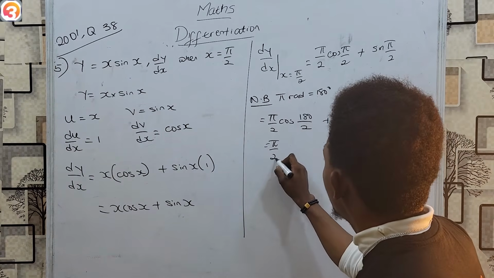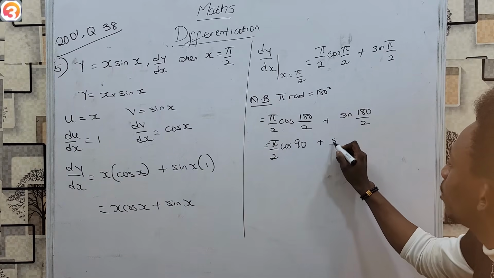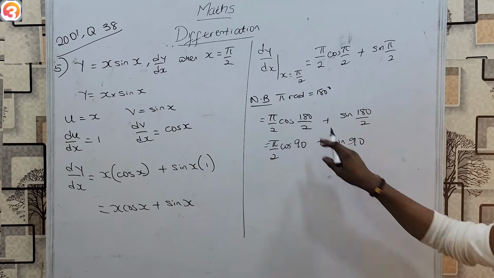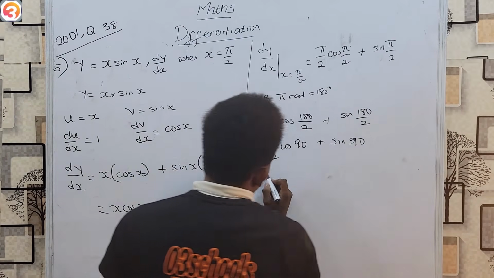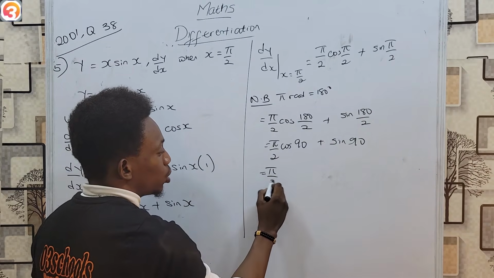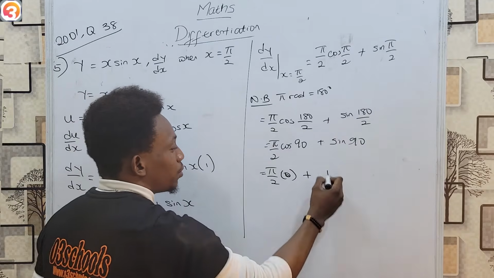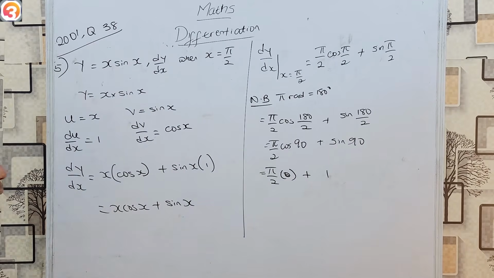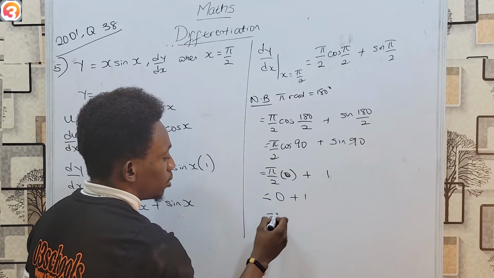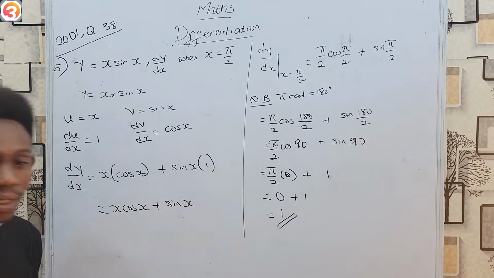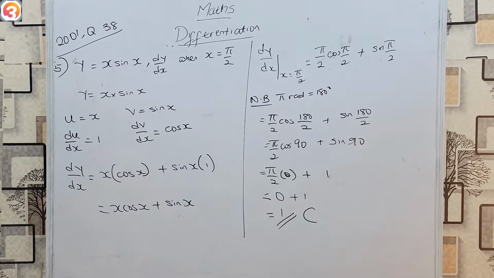That gives me pi over 2 cos 90 plus sine 90, because 180 over 2 is 90. Now, from trigonometry, you must know already that cos of 90 is 0 and sine of 90 is 1. 0 times anything is 0, plus 1, which is finally 1. And when I check my options, that is option C.